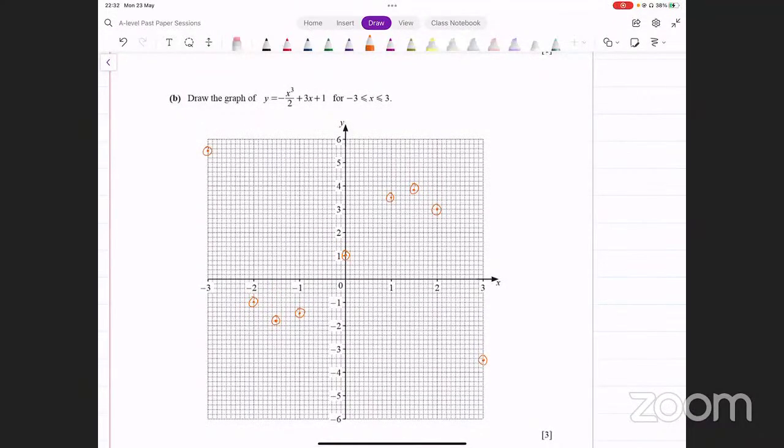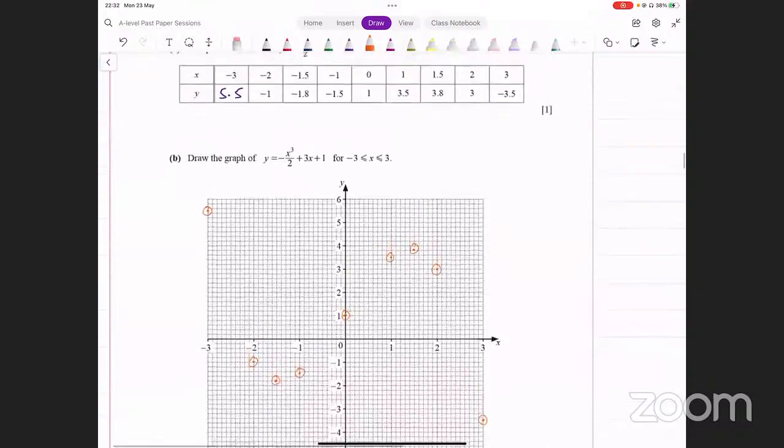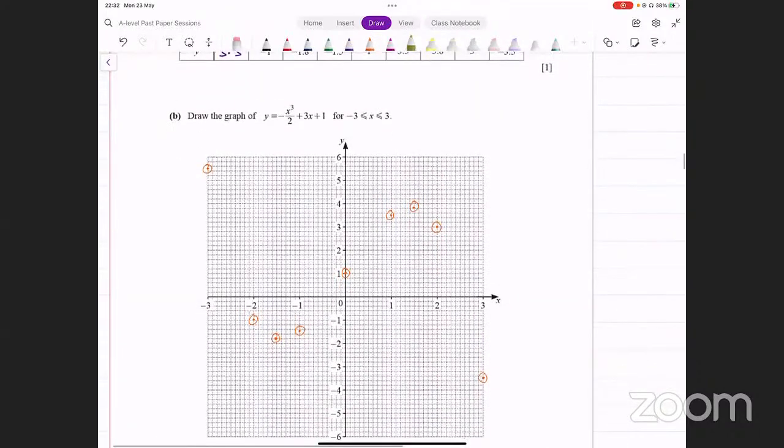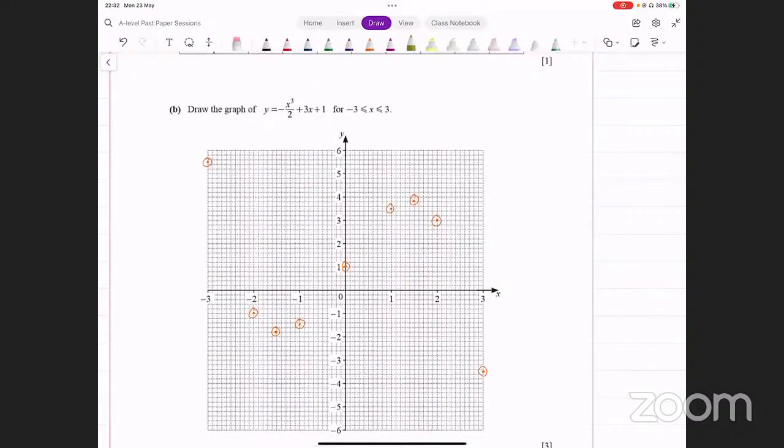And then you have to join these points using a smooth curve. Don't join with straight lines. You've got to make a curve. Let's try that. Okay, so what do we get? You have to draw this with a pencil, so that if you end up getting something wrong, you can erase it and correct your curve.